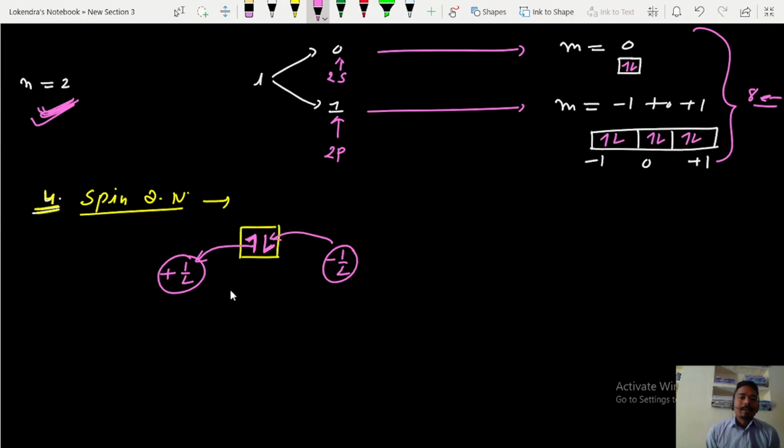So the spin quantum number tells us about the movement of an electron, clockwise or anti-clockwise. We represent the spin quantum number by ms, and it has a value of either plus half or minus half. Plus half is for clockwise, and minus half is for anti-clockwise.